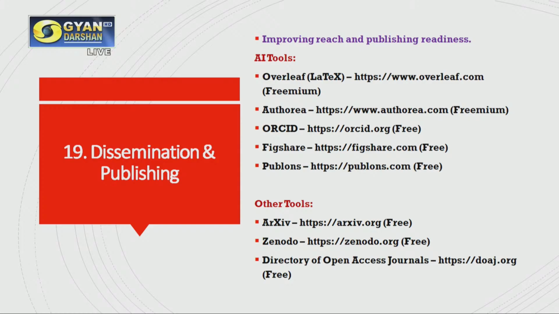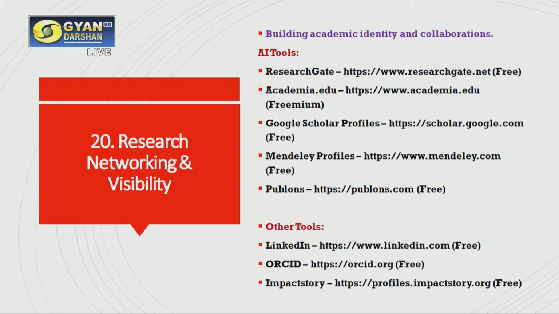And we will also come to a stage where we have to disseminate our research work to the public, to the entire world, the entire globe. So some of these tools, as you are seeing on the screen, ORCID, Publons, can be used. Again, there are various other repositories which would help you to publish and disseminate your research work.